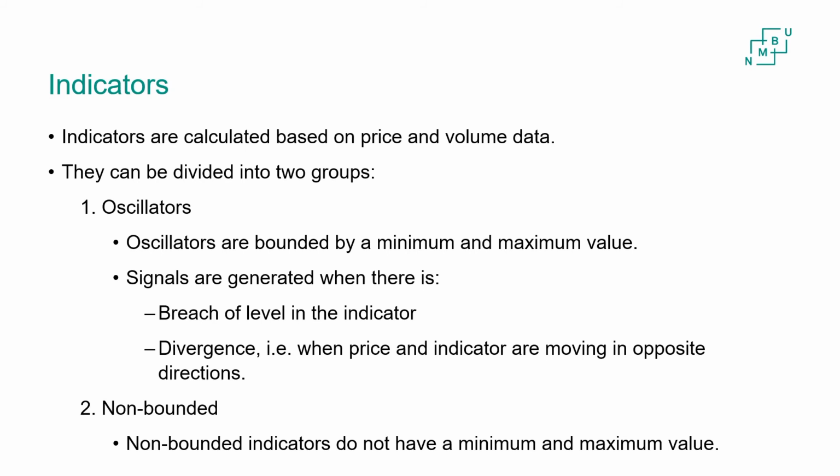You can also get a signal if the indicator moves in one direction and the price moves in a different direction. In addition, you have the non-bounded indicators, and these do not have a minimum or a maximum value.